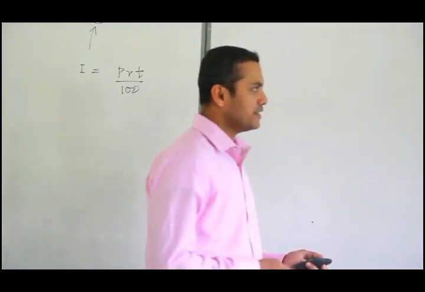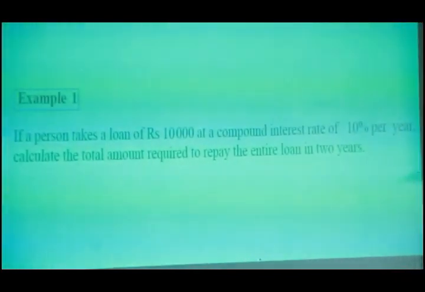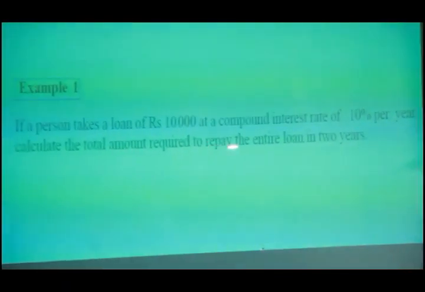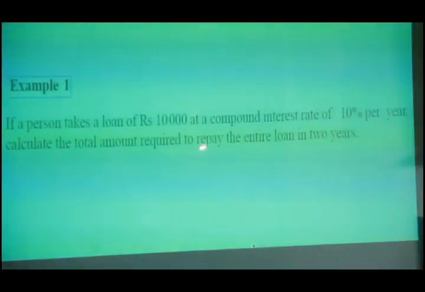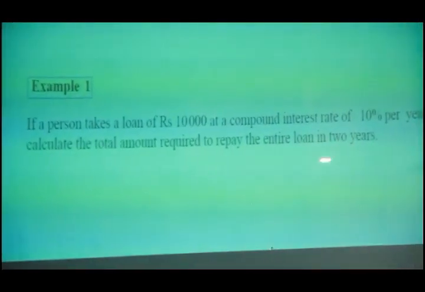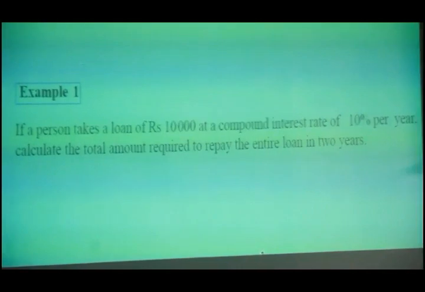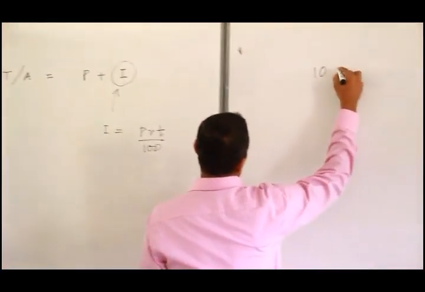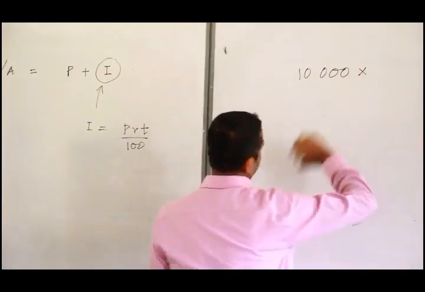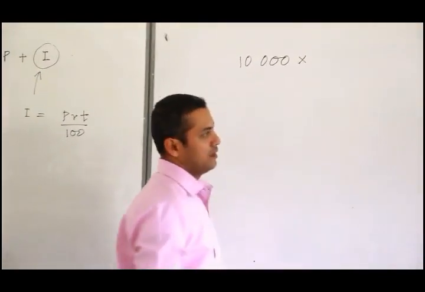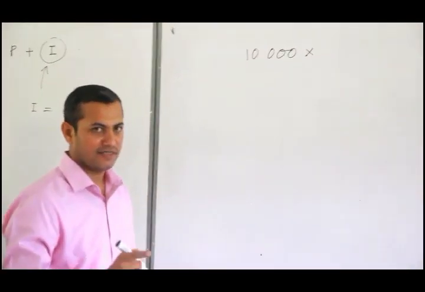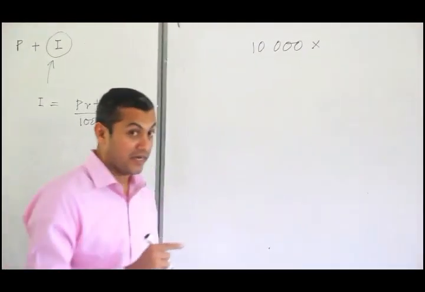Okay, read this question again. The interest percentage is 10%. Now you need to calculate the total amount for how many years? To repay the entire loan in 2 years. So what I am going to do, I am just going to multiply this 10,000 by, using the percentage 10%, I am going to add the 10 with 100.